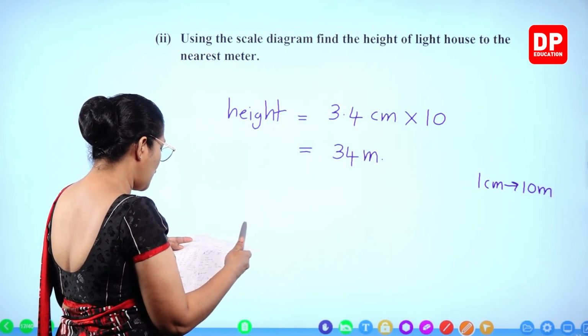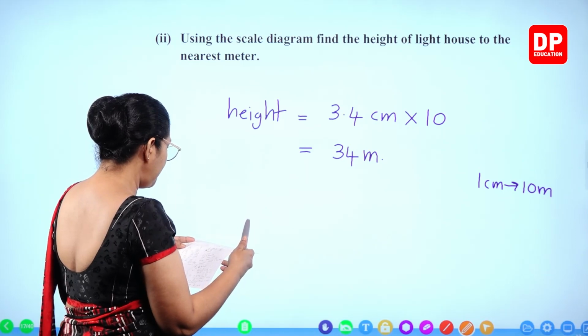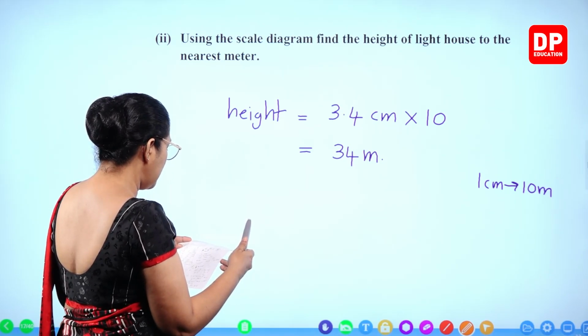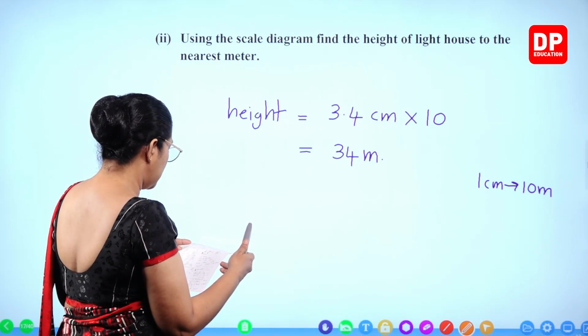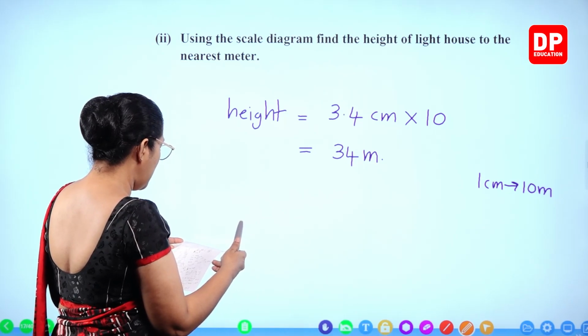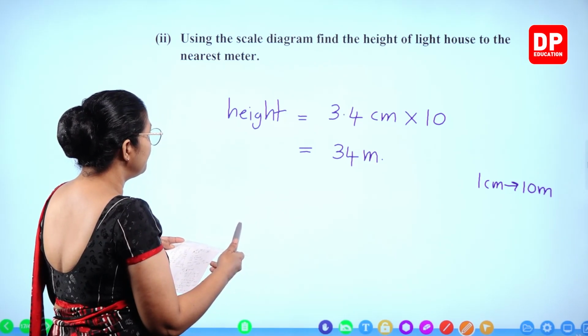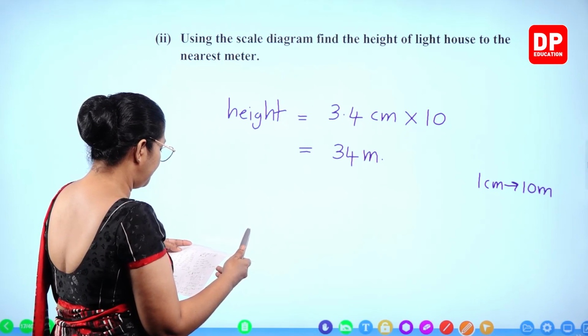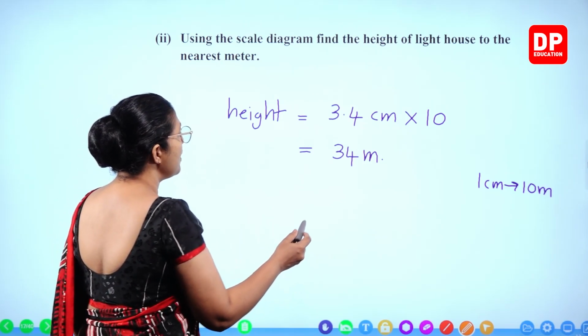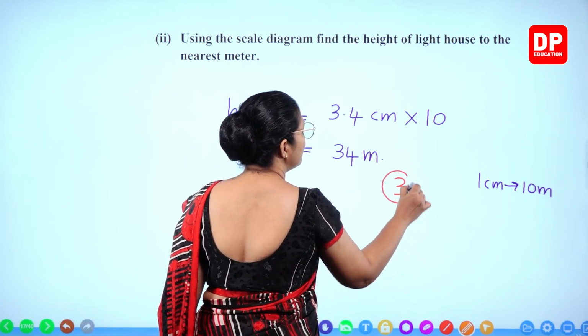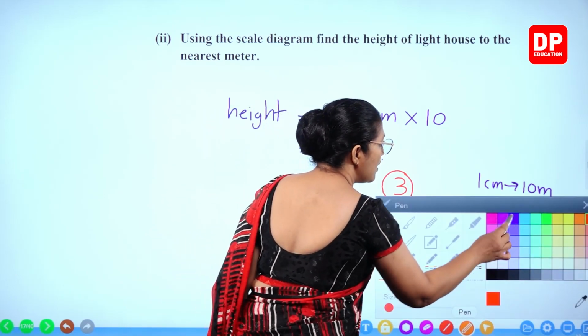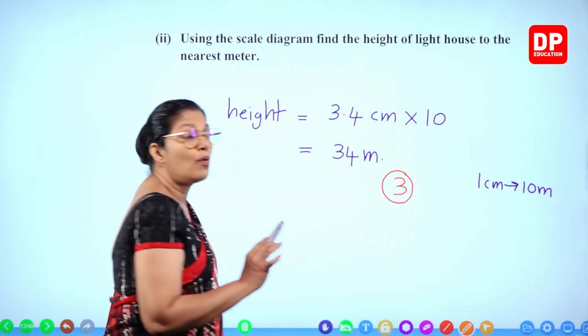So how many marks for that? You are getting 3 marks for that. So altogether we gave 10 marks for the whole question.